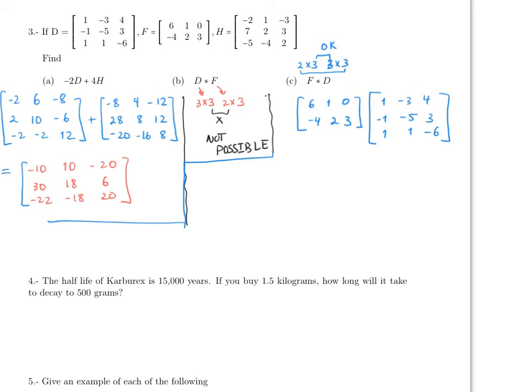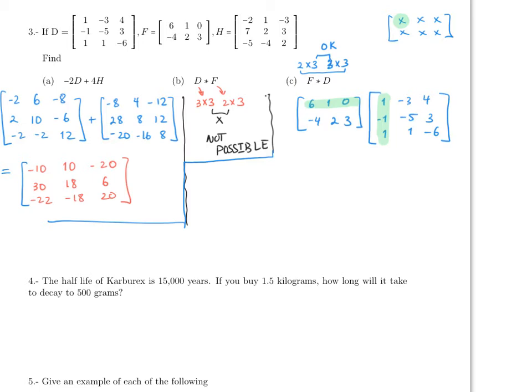All right, so the resulting matrix has to be 2 by 3, which means you're going to end with something like this: 2 rows and 3 columns. Now this and this will give you the first one. So this is what I mean. This row times this column, so this is row 1, column 1, it will give you entry 1 1.